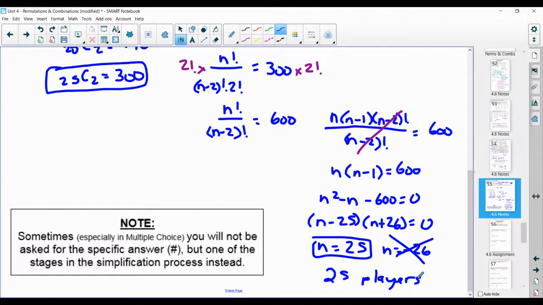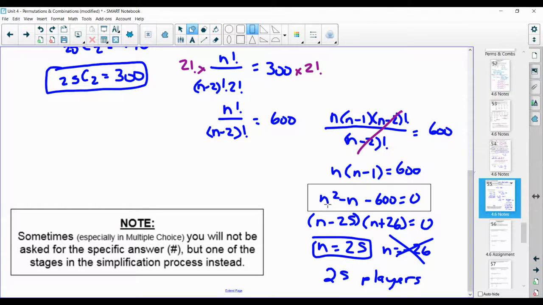So like I said before, if you're given a multiple choice question, often you're not going to be asked for a number, you're going to be asked for the process. So you might be asked for this right here. This is quite common where you're asked for a step. The question might say, while solving this question, the student gets to a certain step, and what does that step look like?